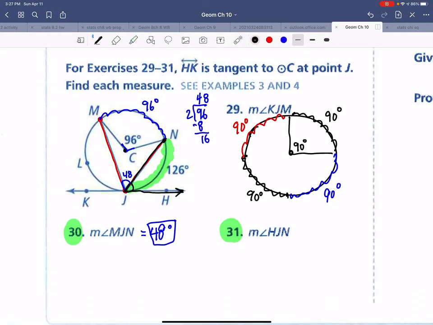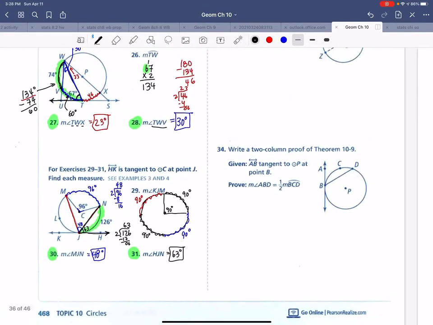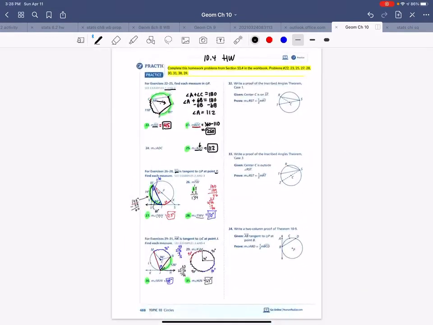So we're going to take half of 126. And we get 63. Cool. All right. Okay, we finished that page.